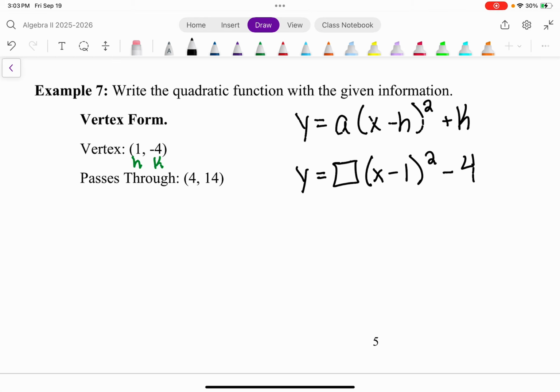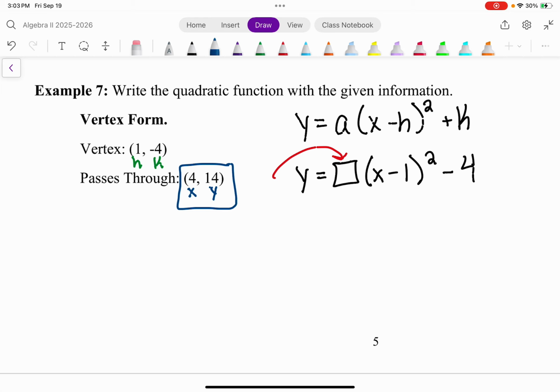In order to finish our equation, we need to know what this a value is. That's what we're solving for. That is where the second point that our graph passes through is going to help us. It's going to help us figure out what a is. This point gives us an x and a y coordinate that the graph is going to go through.